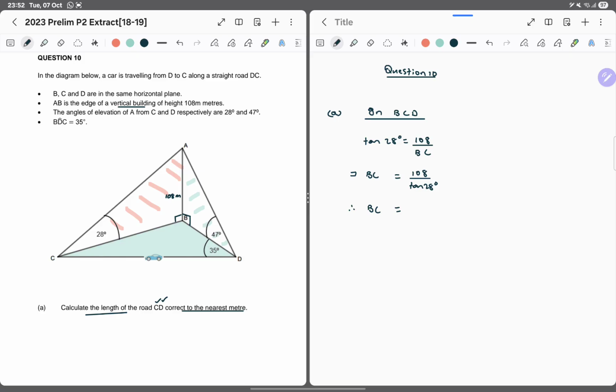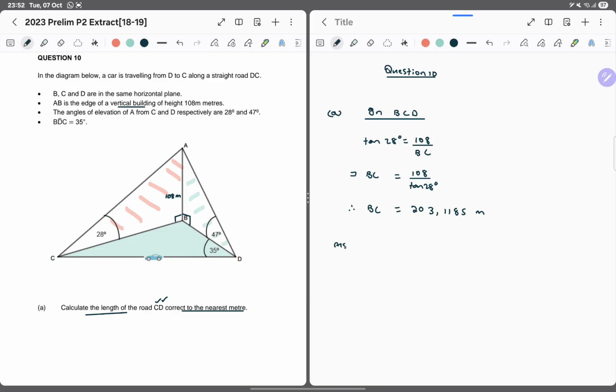These are intermediate answers, so we're not going to round off too soon. So this is going to be 203.1185 meters. That is the side BC.